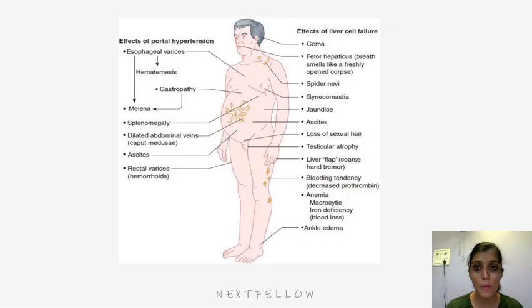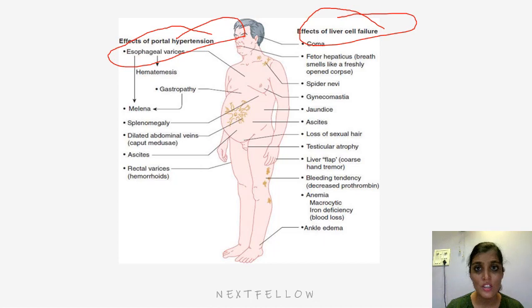So this is a very important slide which talks about signs of liver cell failure and effects of portal hypertension. Signs of liver cell failure, from head to toe: coma, fetor hepaticus, that is breath which smells like a freshly opened corpse, spider nevi, gynecomastia, jaundice. Spider nevi are present in the distribution of the SVC, superior vena cava.